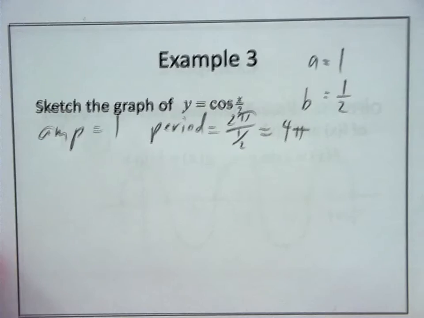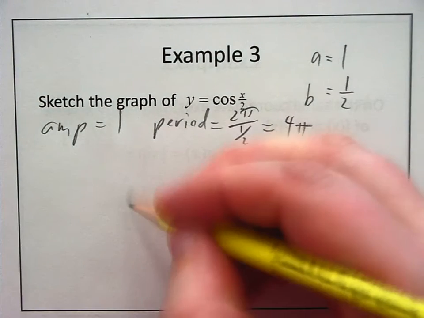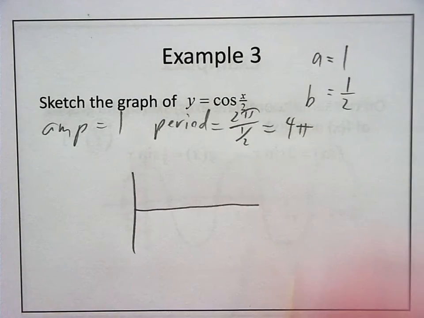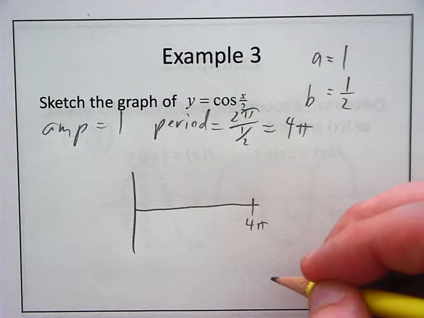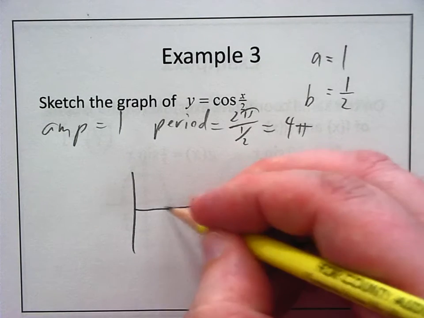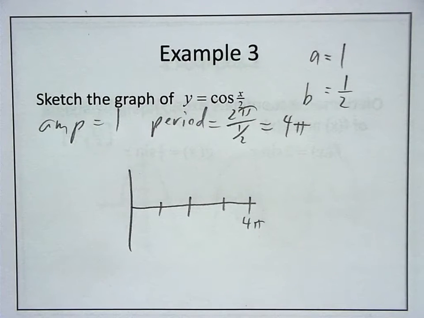Now, since the instructions here are just saying to sketch the graph, I'm just going to do one cycle of it. So the graph ends up looking almost the same every time. Just instead of going 2 pi, I'm literally just going to label this 4 pi. Okay, then halfway between, and then split those into fourths. That way you have your 5 main points. Now it is cosine, so where's this thing going to start? At 1.